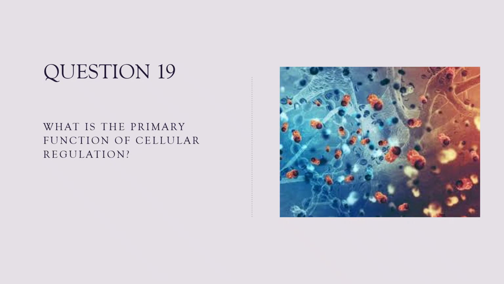So, what is the primary function of cellular regulation? Well, it maintains homeostasis. Cellular regulation refers to all functions carried out within a cell to maintain homeostasis, including its responses to extracellular signals and the way each cell produces an intracellular response.